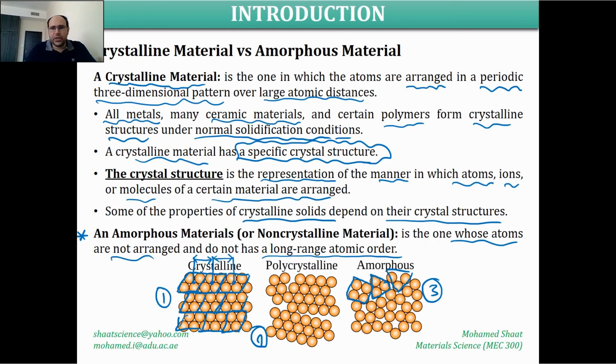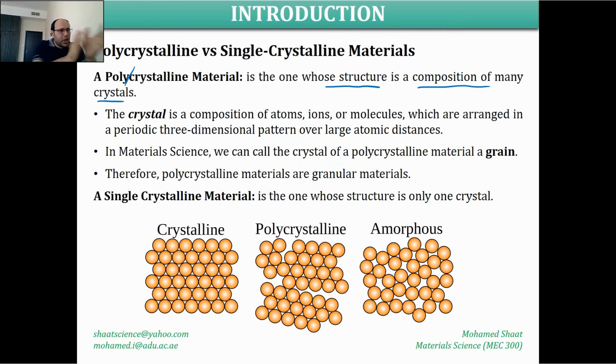Any crystalline material should have a periodic three-dimensional pattern. So polycrystalline material should have multiple periodic three-dimensional patterns. This is simply what polycrystalline material means: a material whose structure is composed of multiple crystals or multiple three-dimensional periodic patterns.